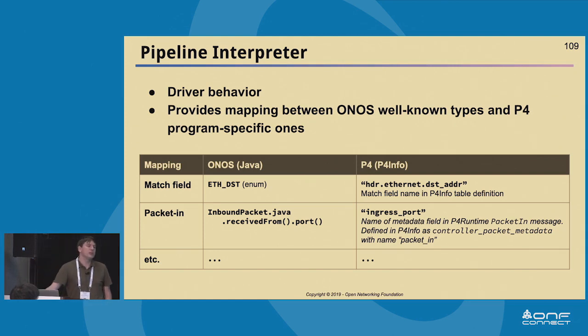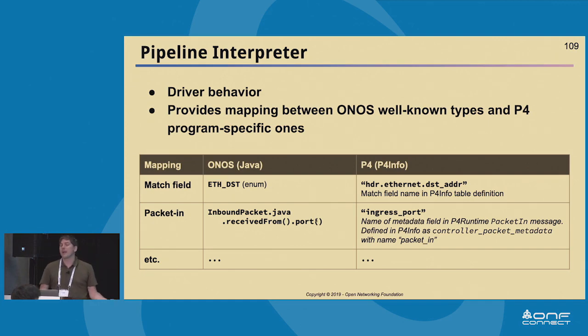For example, assuming you want to install a flow rule that matches on the Ethernet destination address, you can use an enum that is defined in ONOS to identify the Ethernet destination address, but then the mapping to the actual name in the P4 program, or better, in the P4Info file, has to be provided by someone. So this mapping between this enum and this string name is provided by the interpreter.